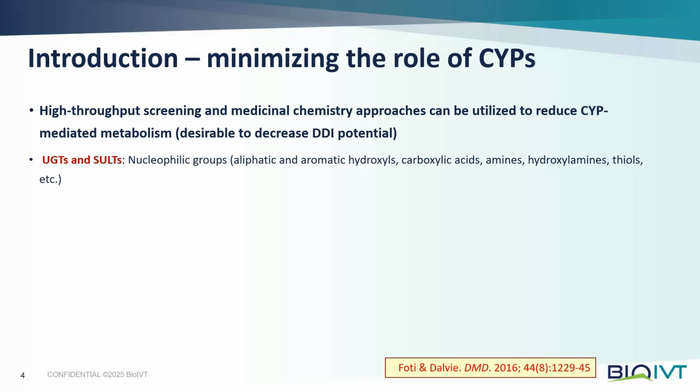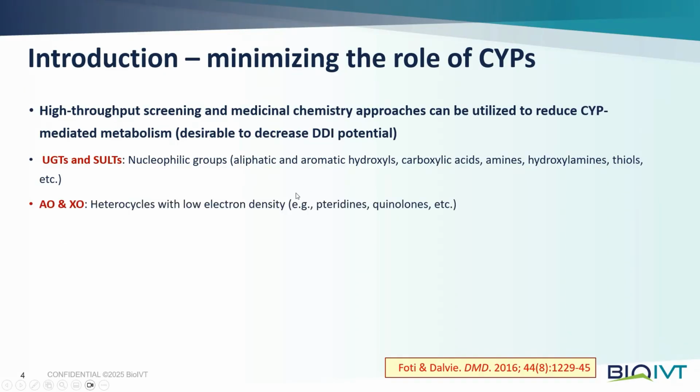So when we're talking about CYP metabolism, there's been a lot of work over the years on minimizing the role of P450s through high throughput screening, medicinal chemistry approaches that can be used to reduce that metabolism, which is desirable from decreasing drug-drug interaction liability and other aspects related to either rapid metabolism or slow metabolism, depending on the desired outcome for the program.